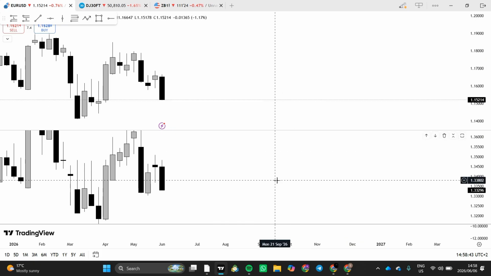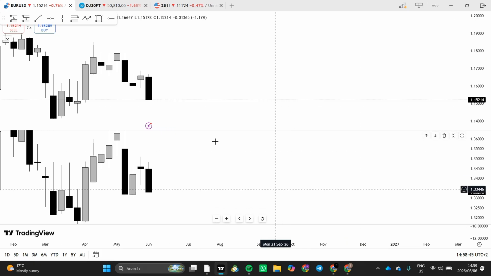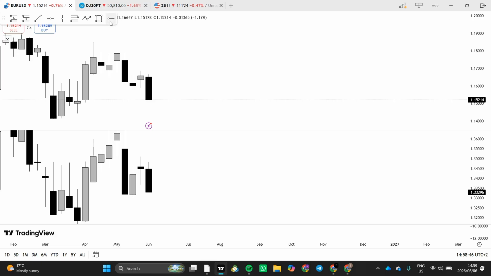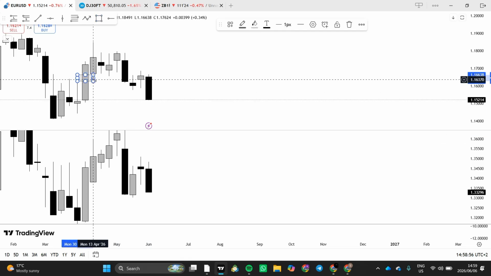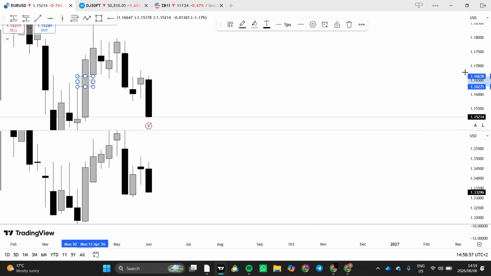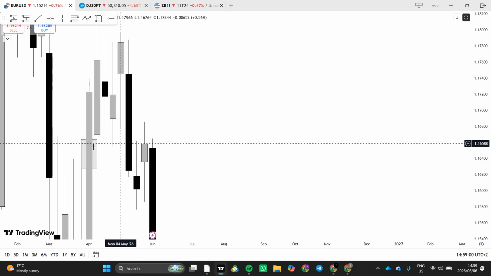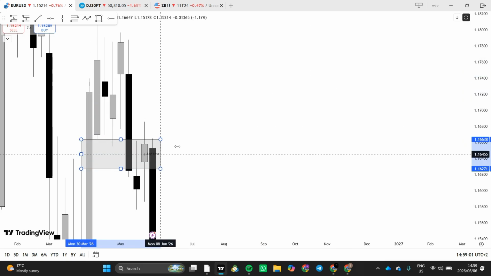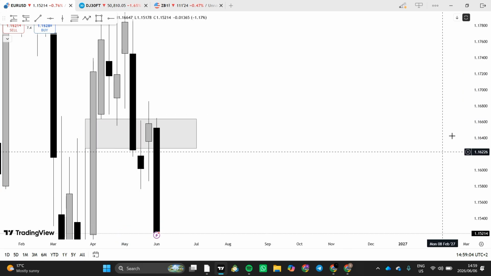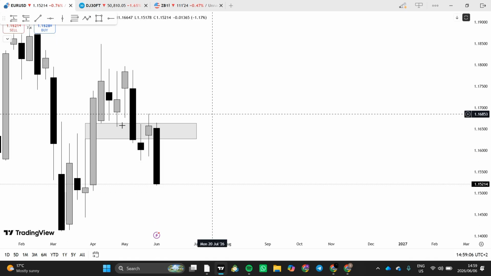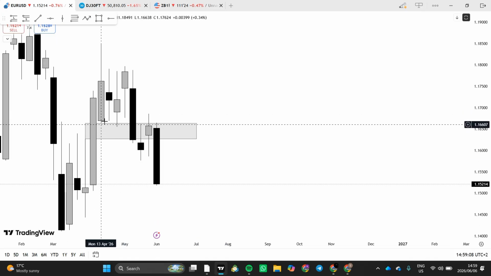So as you know, the market only does two things. It moves from internal to external liquidity. So we had an internal liquidity right over here on the EU. Firstly, we had this inverse fair value gap right over here.